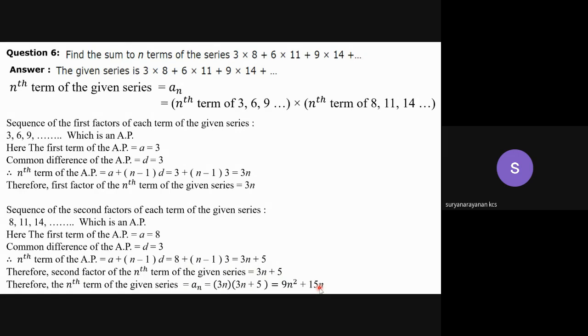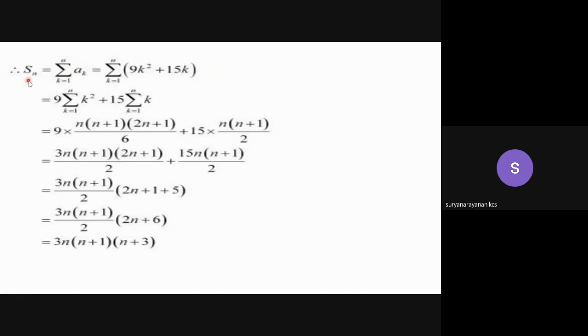Okay, my children. So we found the nth term of the given series, but we have to find the sum to n terms of the given series. Means we have to apply sigma notation, summation. Therefore, Sn is equal to sigma k is equal to 1 to n ak.